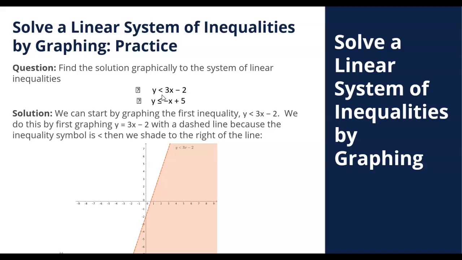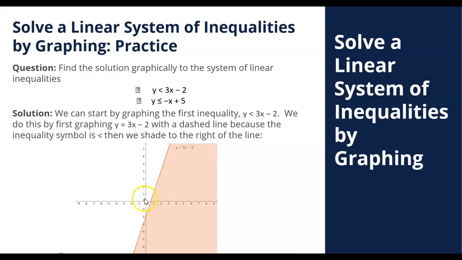Next is to identify the shaded region. You get the test point. I like to always use the origin as my test point. If you plug in 0 for y and 0 for x, you have 0 less than negative 2. And we know that that is false. 0 is not less than negative 2.